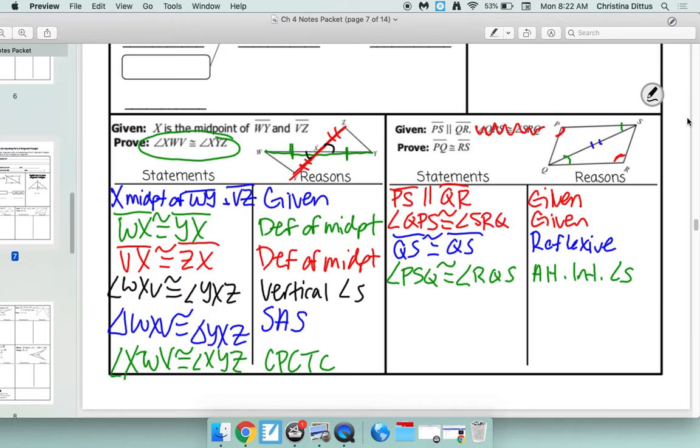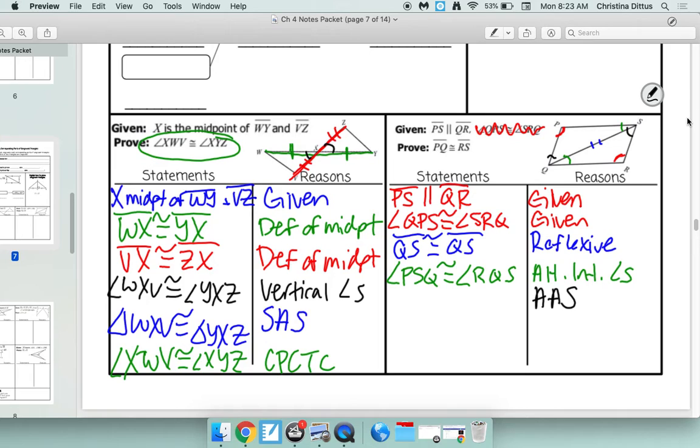Do I have three things that are congruent? Yeah, angle, side. It wouldn't have mattered which ones you did here. You could have done either one.